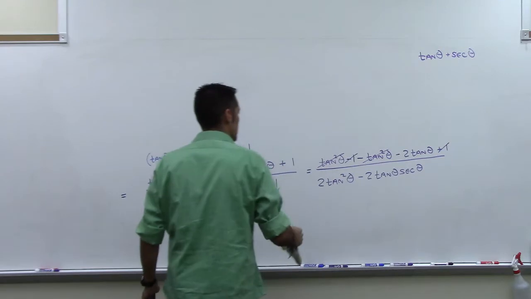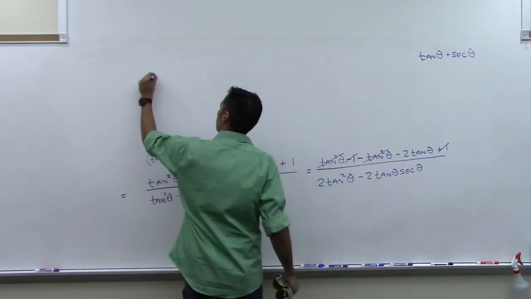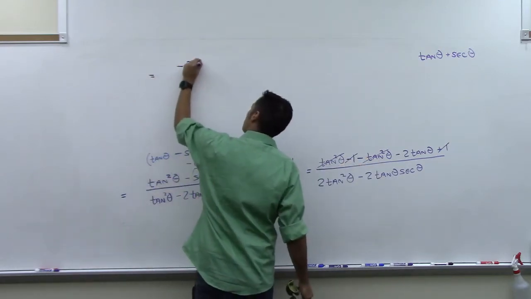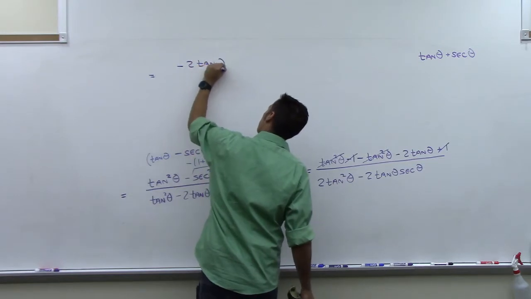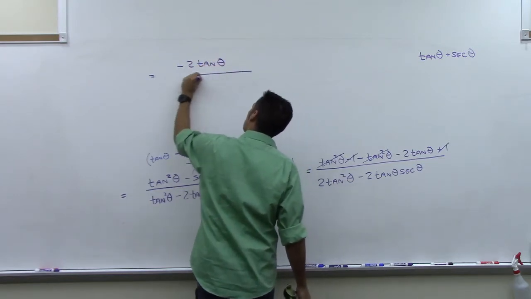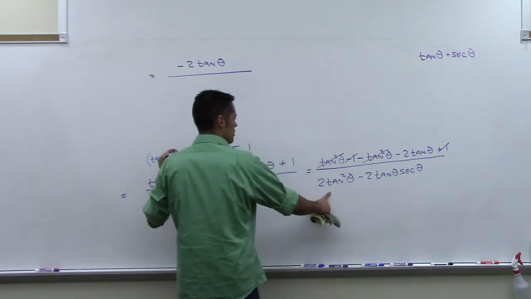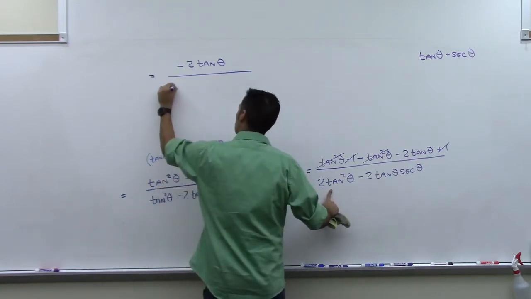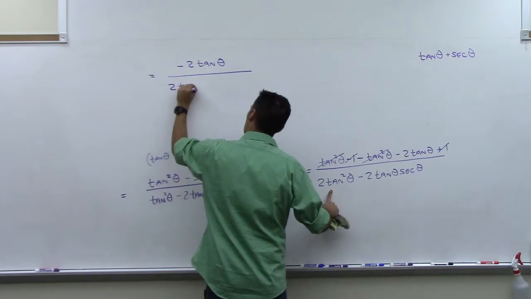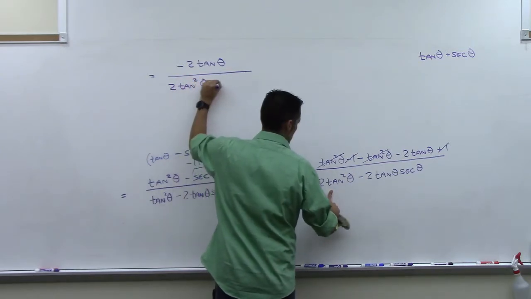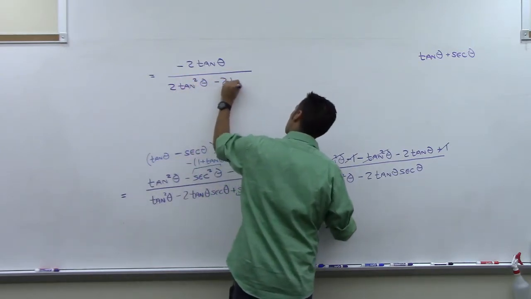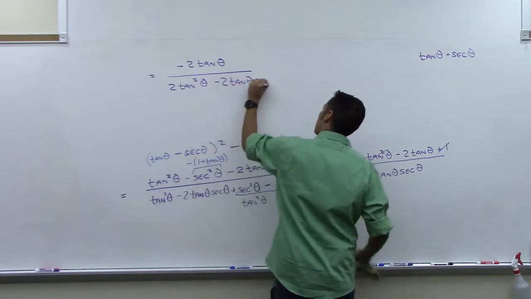So in the numerator, I have -2 tangent theta over the denominator. I'm going to just write it 2 tangent squared theta minus 2 tangent theta secant theta.